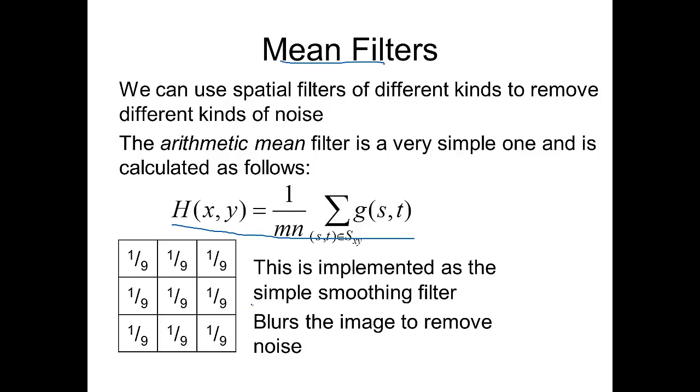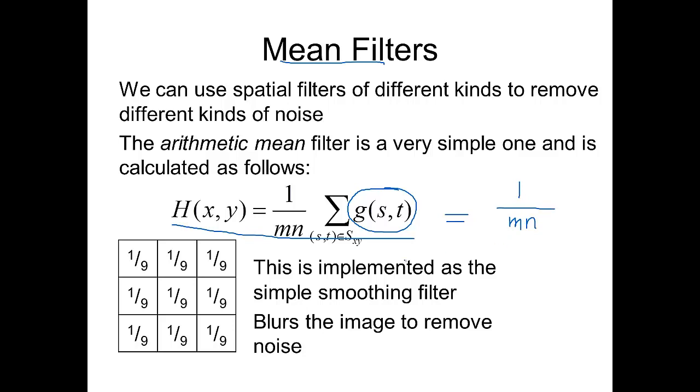If the H size is m by m, then you just need to add the values together, then divide by m times m. For the gain, we generally assume it's 1.